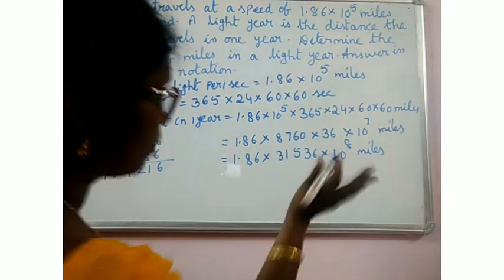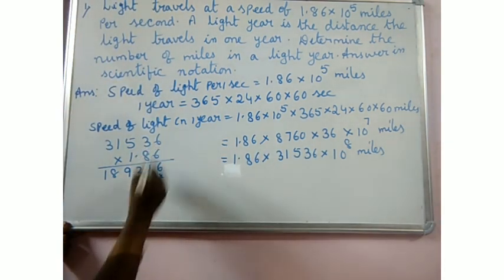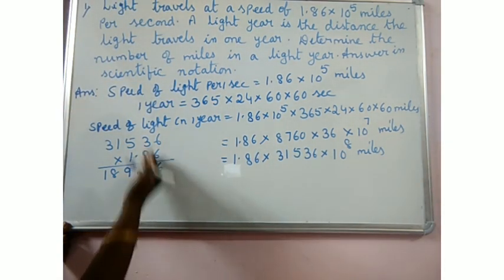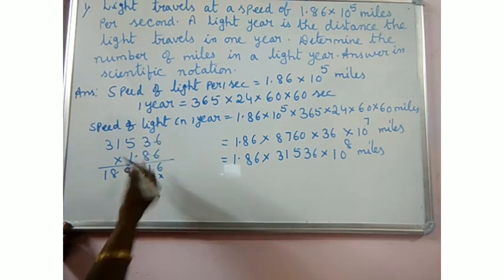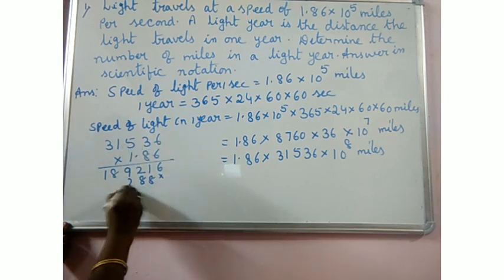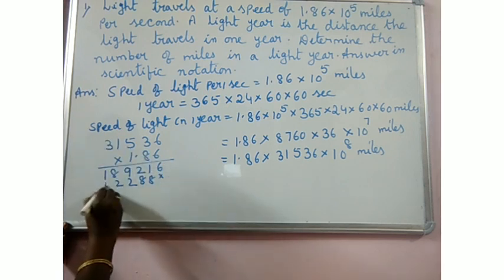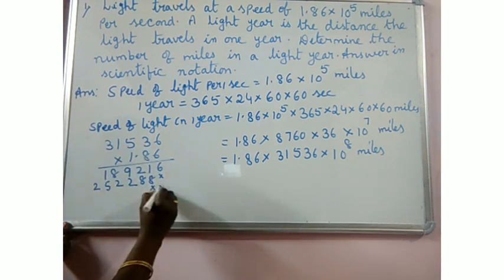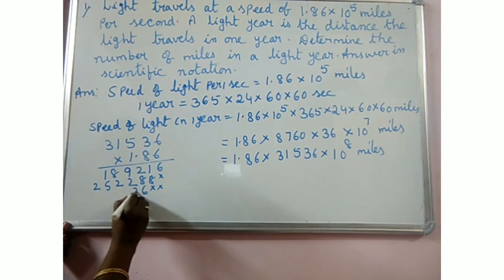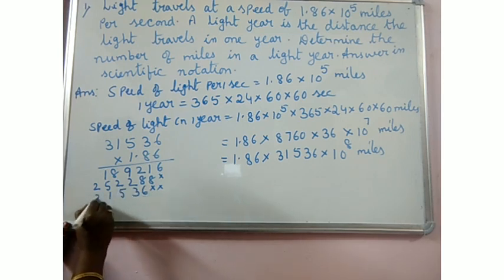I hope the calculation is correct. 8 sixes are 48, 4 carrying. 8 threes are 24 plus 4 is 28, 2. 8 fives are 40 plus 2 is 42, 4. 8 ones are 8 plus 4 is 12. 8 threes are 24 plus 1 is 25.